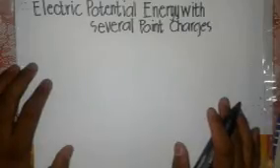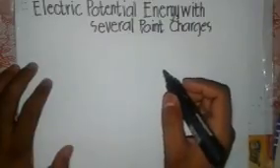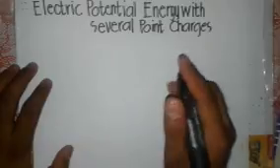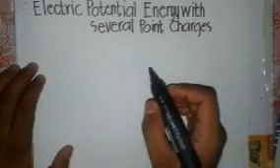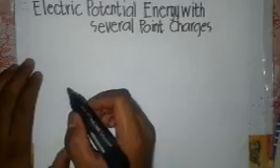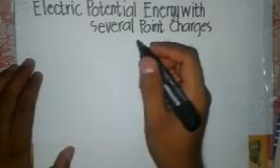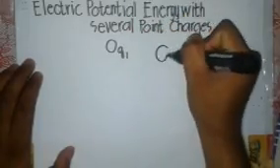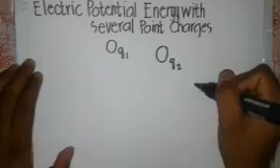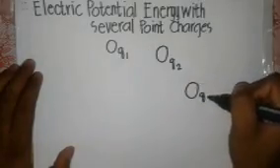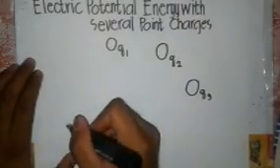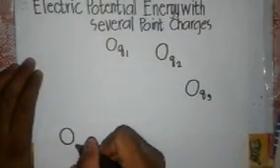We are now on electric potential energy with several point charges. Suppose that the electric field in which our charge q naught moves is caused by several point charges. Say we have 3 charges, q1, q2, and q3. Say this is our q naught.